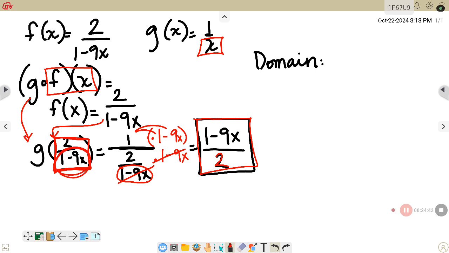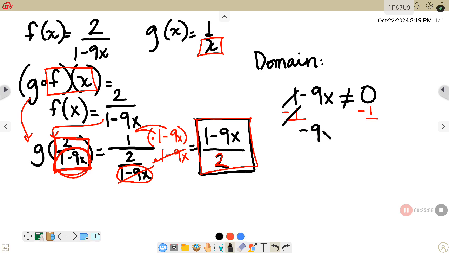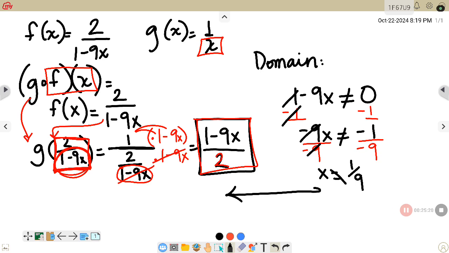So that denominator, which is 1 minus 9x, cannot equal 0. And then we'll solve this for the x. So we'll subtract the 1 from both sides. So negative 9x cannot equal negative 1, and then divide by negative 9. So x cannot equal negative over a negative, makes it positive 1/9. So that's your only restriction on your number line, 1/9.